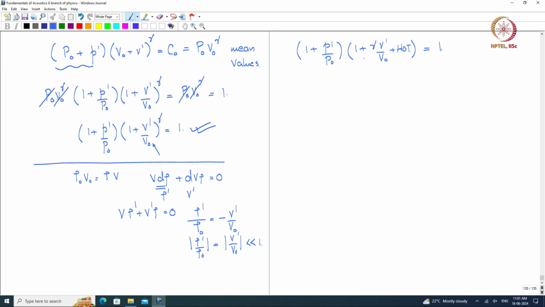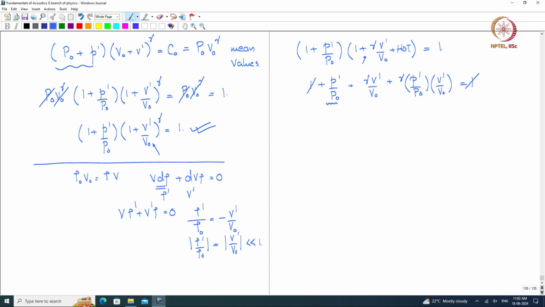Okay, this is an approximation, provided V dash by V0 is a small quantity compared to 1. Okay, so I will ignore the higher order terms and expand this. So I get 1 plus P dash by P0 plus gamma V dash by V0 plus gamma P dash by P0 V dash by V0 is equal to 1. So this one cancels.